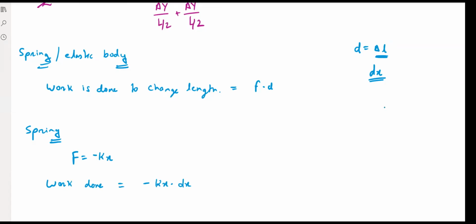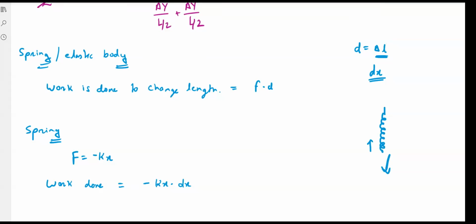Now think about it. If you talk about spring, everyone try to visualize this. If you extend spring in this direction, if you pull this in this direction, spring force will be in opposite direction, हाँ या ना? Right? Yes or no?